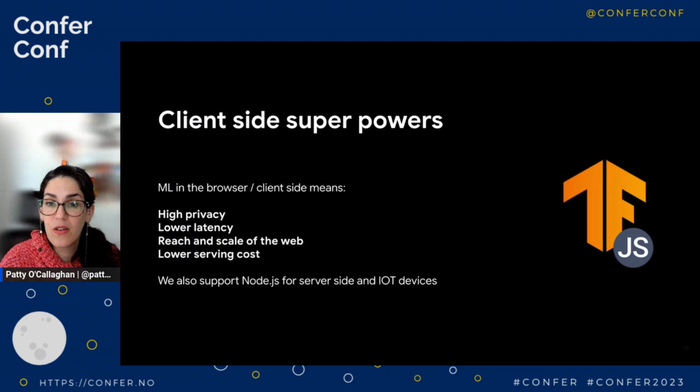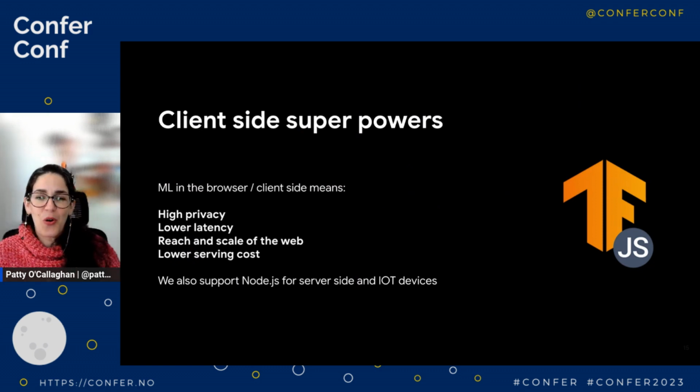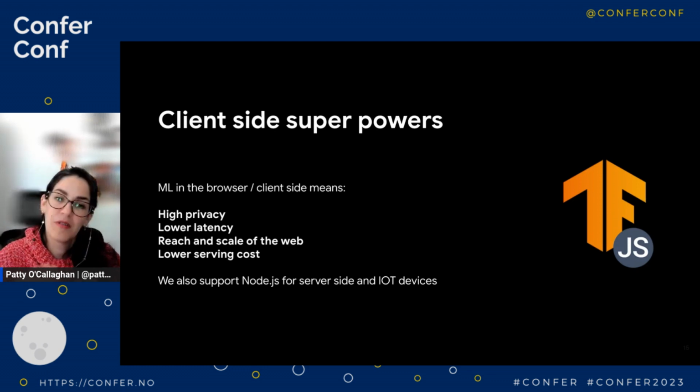Okay, so now let's see what the client-side superpowers of TensorFlow.js are. So, doing machine learning in the browser, on the client side. First of all will be high privacy. This is because none of the sensor data from the device of the user is going to be sent to a server for classification.